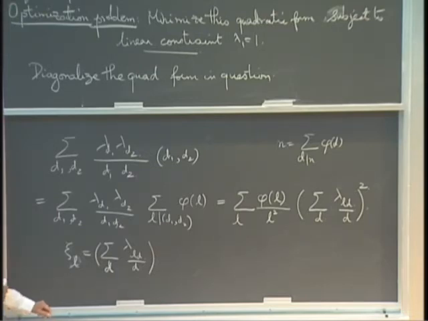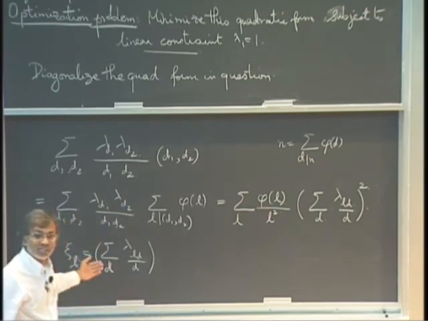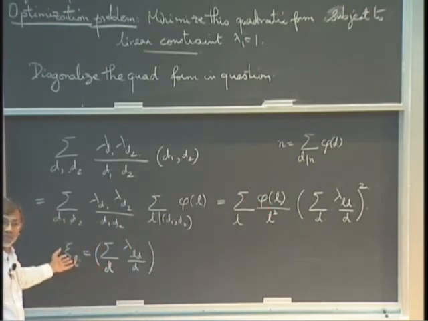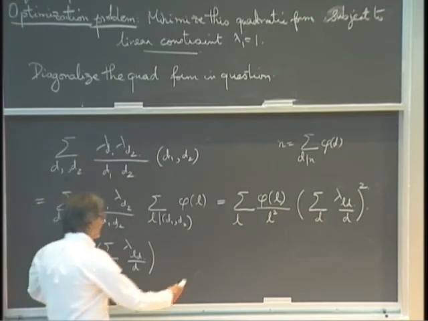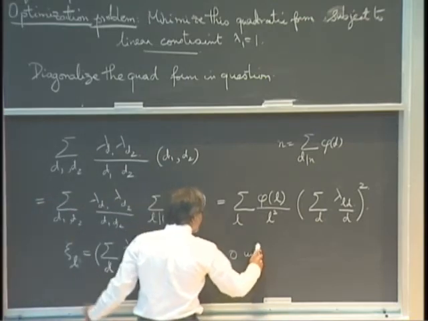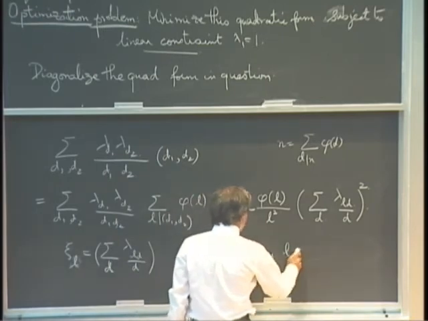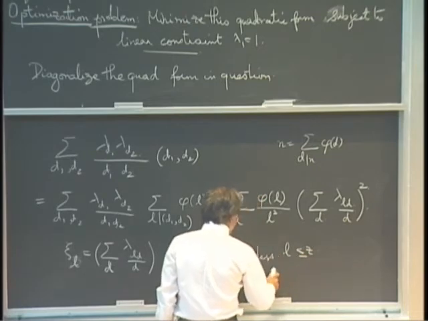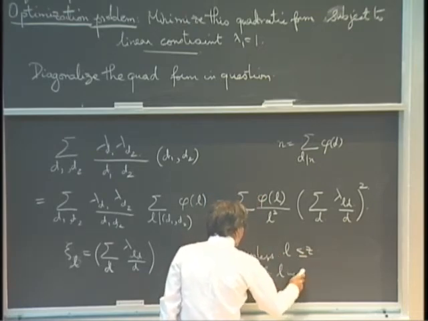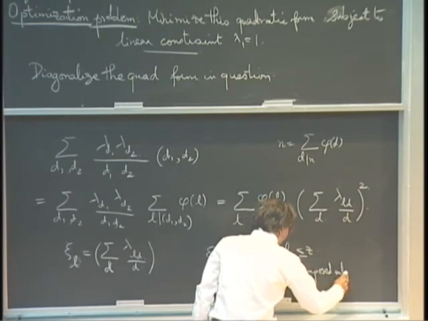Okay. Now, again, these c's are not arbitrary. The lambda satisfies some constraints. So therefore, the c's also satisfy some constraints. Right? So for example, c of L would be equal to 0 unless L is less than z and L is composed only of primes below r.